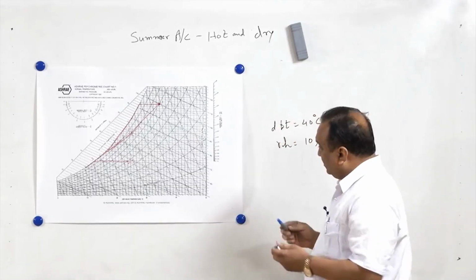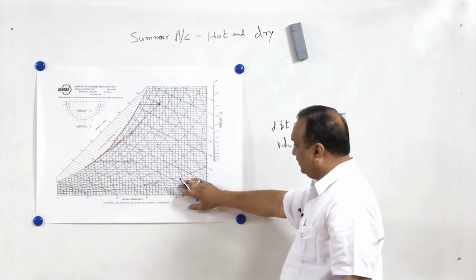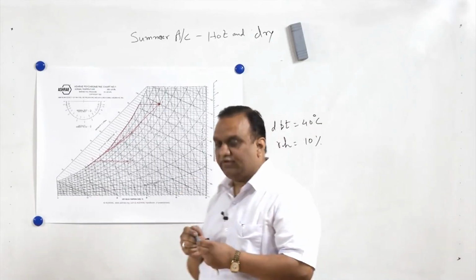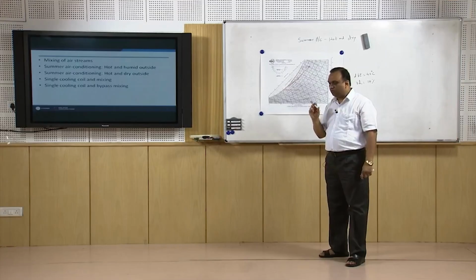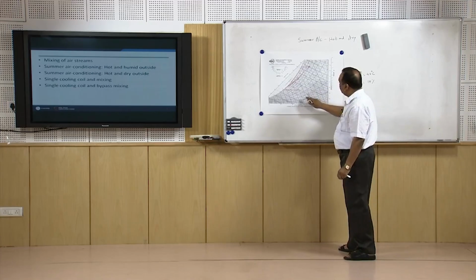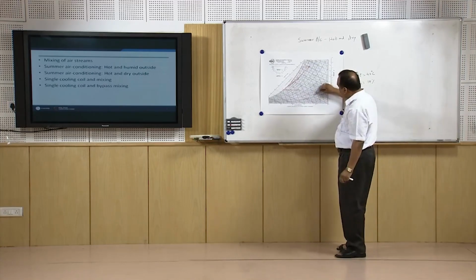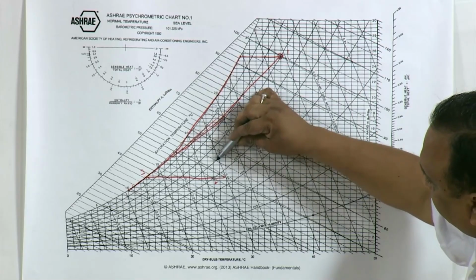Now, in this situation, in hot and dry weather, whenever there is low humidity, we can always make use of the evaporative cooling process, because evaporative cooling is a low cost process and can be easily attained. Evaporative cooling means we will have to follow the wet bulb temperature line, but here in this case if we follow the wet bulb temperature line, we will not be coming to this state.